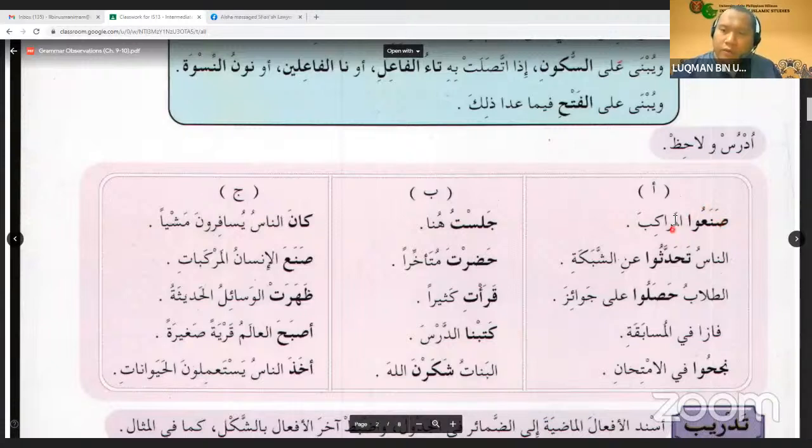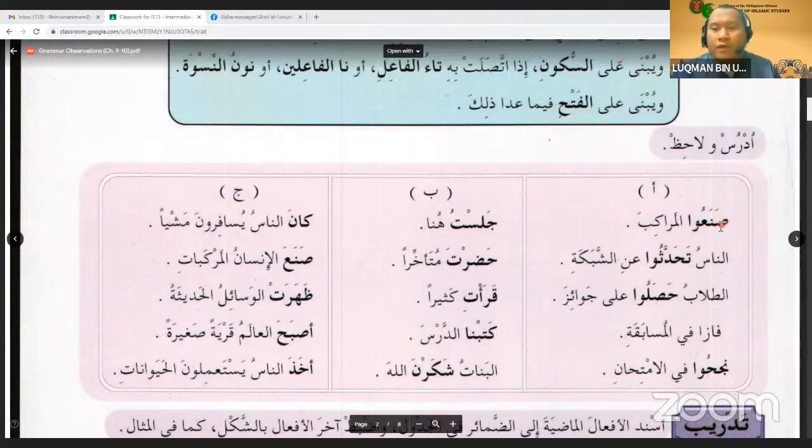So here we will say that sana'u is a fi'l madi mabniyun ala dhammi littisalihi biwawil jama'ah. So sana'u is a perfect tense of the verb fixed upon dhamm because it is connected with wawul jama'ah, the plural waw. Sana'u.